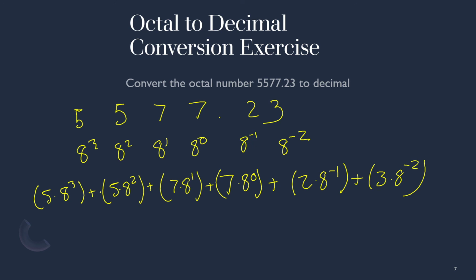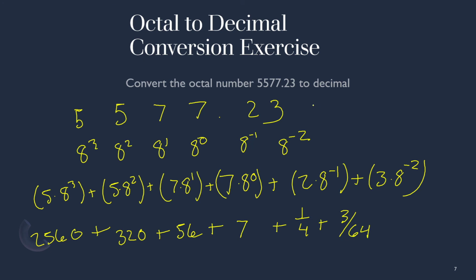So 5 times 8 to the third is going to be 2,560. 64 times 5, we are looking at 320, plus 56, plus 7, plus 1 over 4, plus 3 over 64.